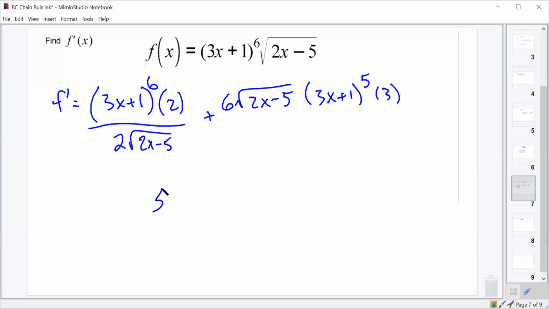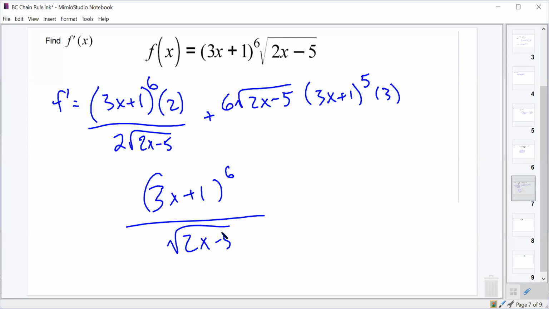And we can cancel stuff out here. 3x plus 1 to the 6th over root 2x minus 5 plus 18 root 2x minus 5 times 3x plus 1 to the 5th.